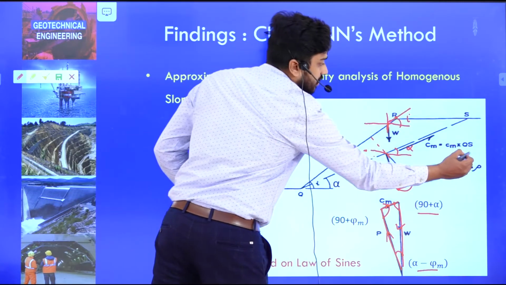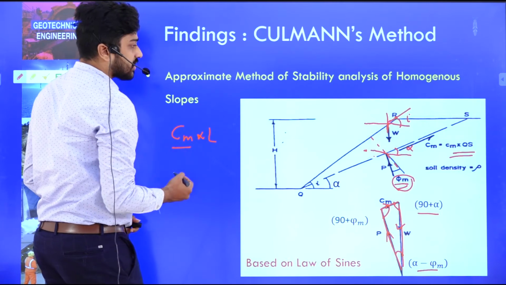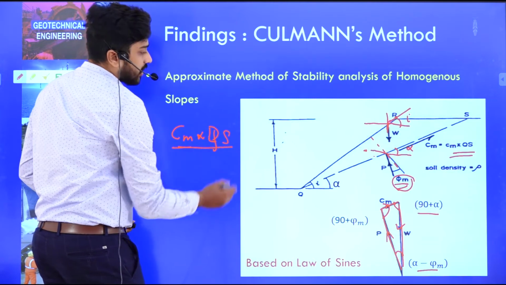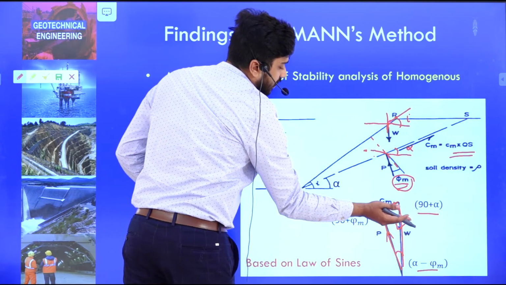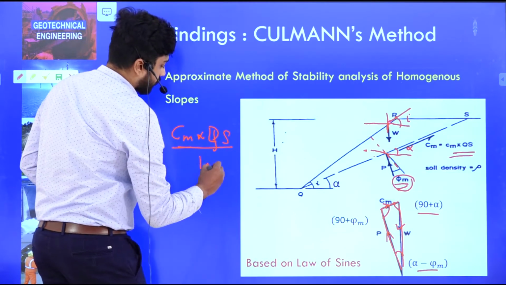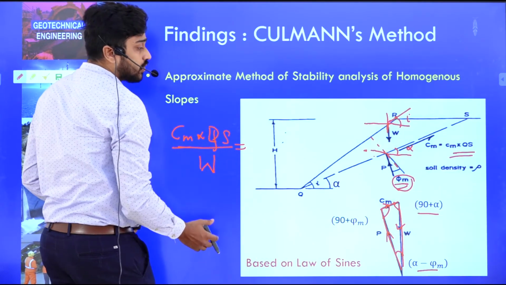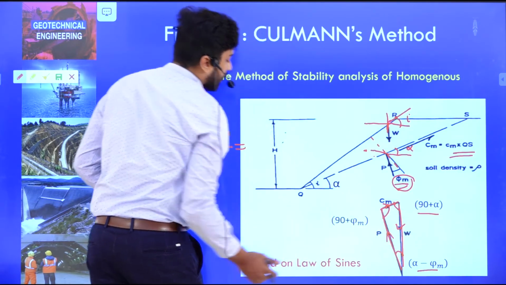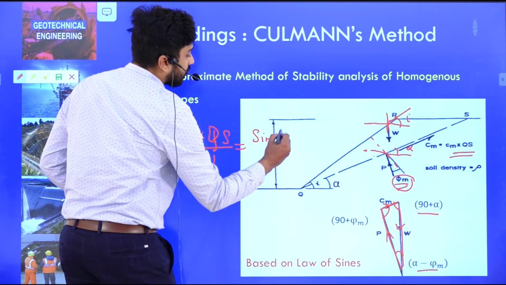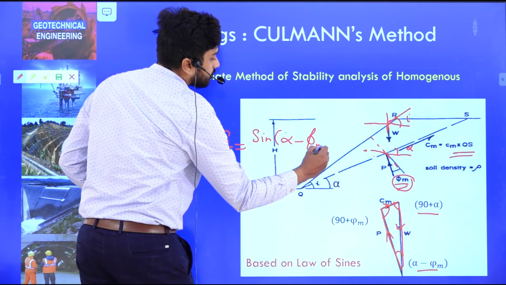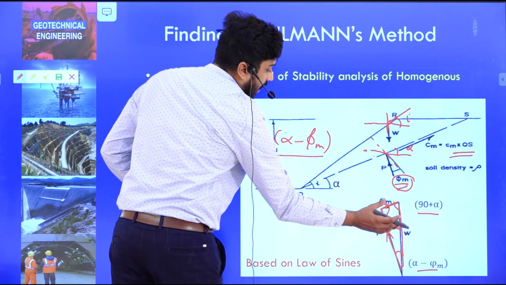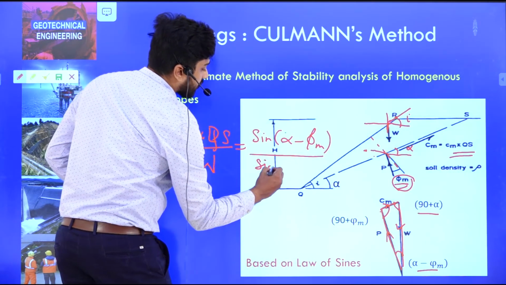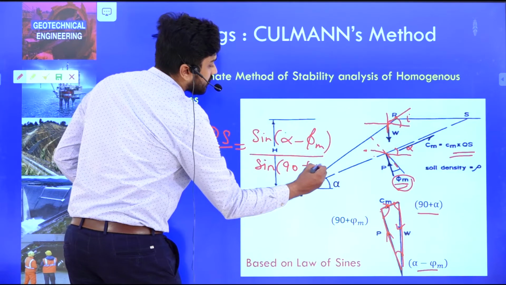So I am writing capital Cm into L, where L is simply Qs, divided by the weight W. Then we can simply equate it to the sine of the angle opposite to this one, that is sine of alpha minus phi m, by the angle opposite to this W, which is sine of 90 plus phi m.